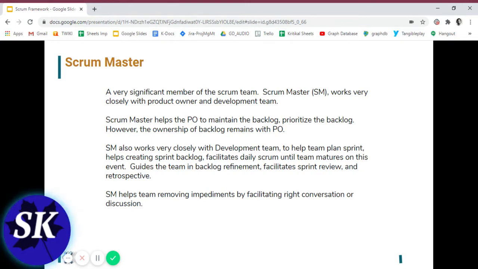And in the daily stand up, the Scrum Master ensures that the right questions are asked.